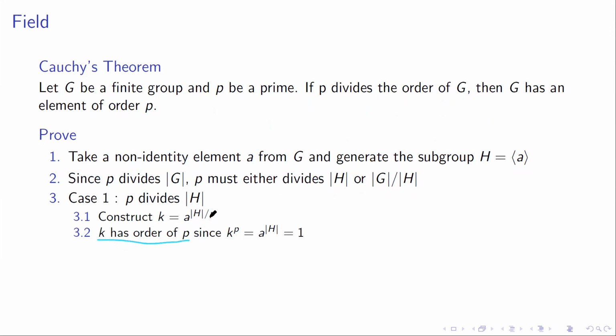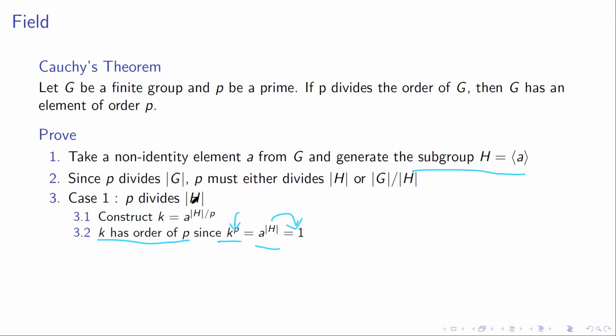Because we can just move this p over here, and k to the power of p is equal to a to the power of the order of H. Since a is an element of the subgroup H, from the theorem that we proved just now, we know that this is the identity element. And because this is the identity element, by construction this k has an order of p.